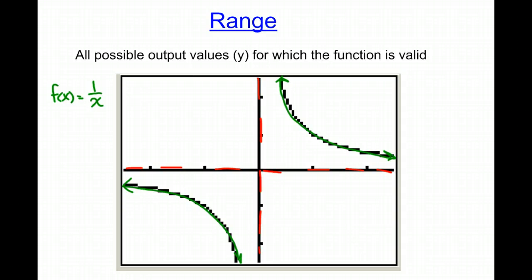Now, looking at our y values, we have positive values, we have negative values, but we're missing that 0. So our range is going to be all real numbers such that f of x does not equal 0. We have the positive values, we have negative values, but we're missing that 0.